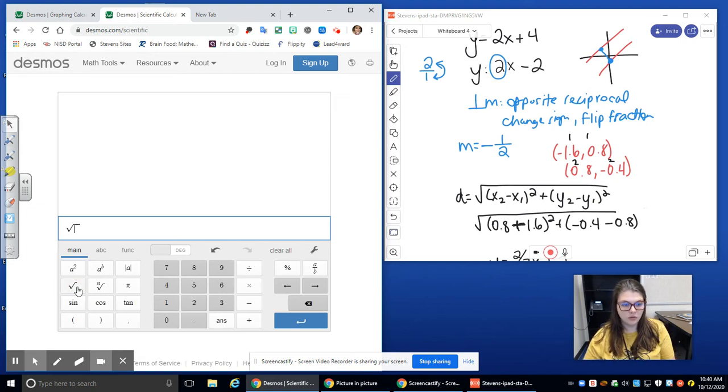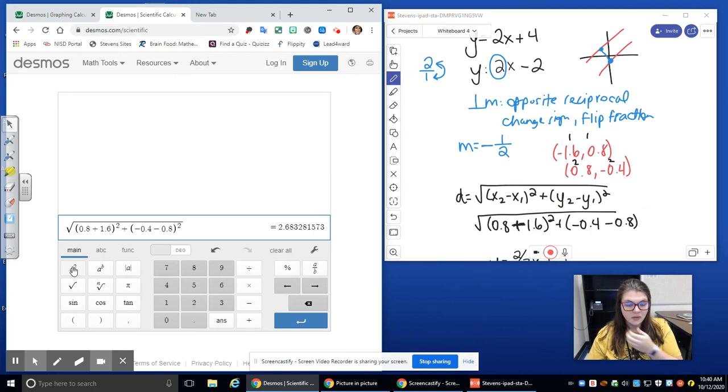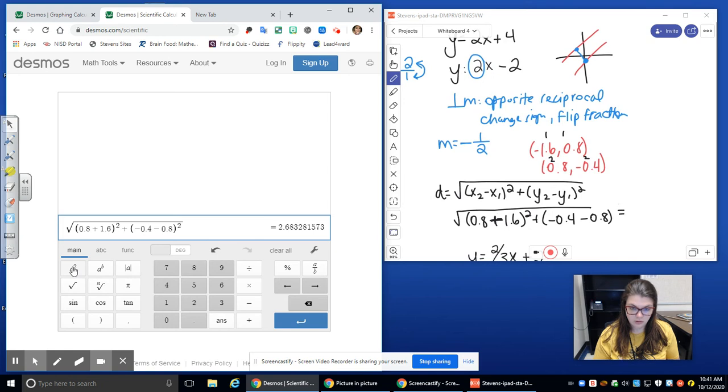So we have the square root of 0.8 plus 1.6, close your parentheses and square it, and then we add negative 0.4 minus 0.8. Close your parentheses and square that again. This gives us an answer of 2.68328.